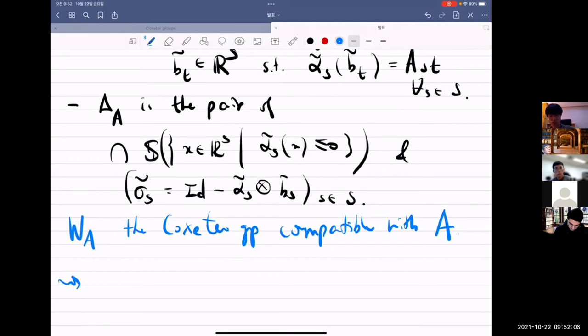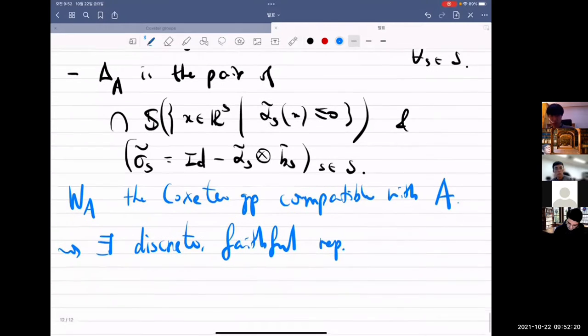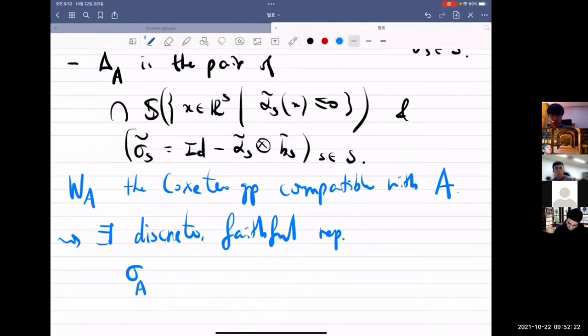Then, of course, as I already told you, Vinberg's theorem says that there exists a discrete and faithful representation, sigma A tilde, which I denote WA to SL plus minus RS.